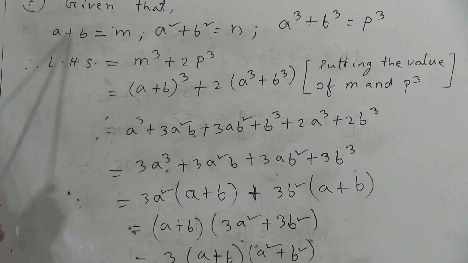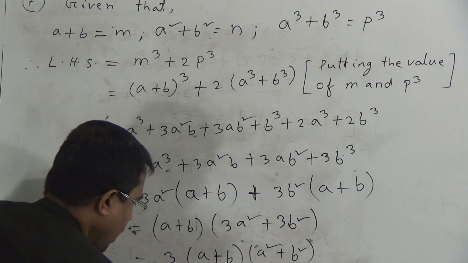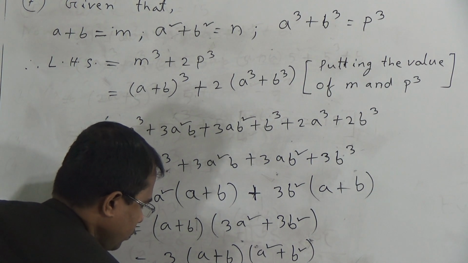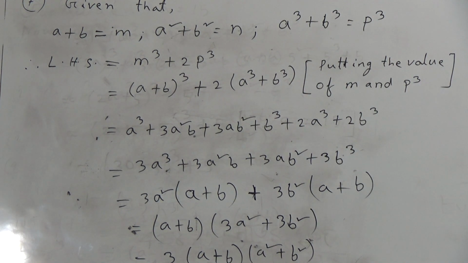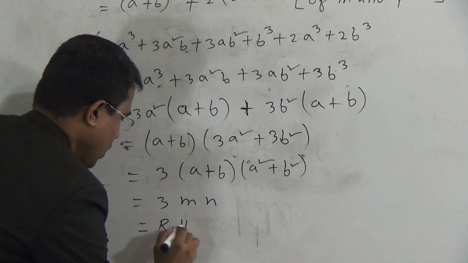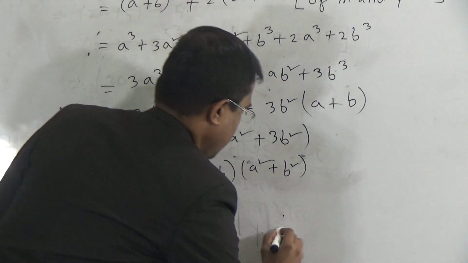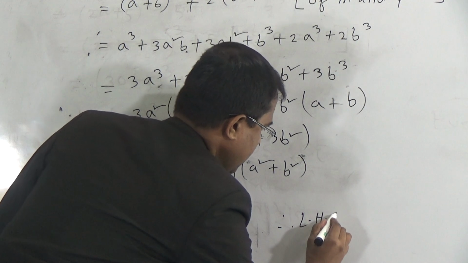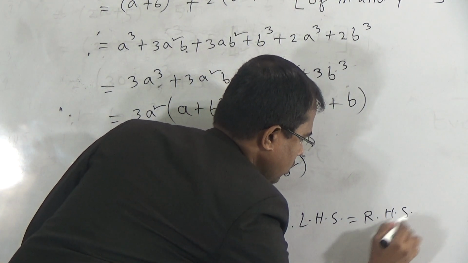So we can write here 3mn, and this is the right hand side. Here the right hand side is 3mn. Therefore we can write left hand side and right hand side are equal. Left hand side is equal to right hand side.